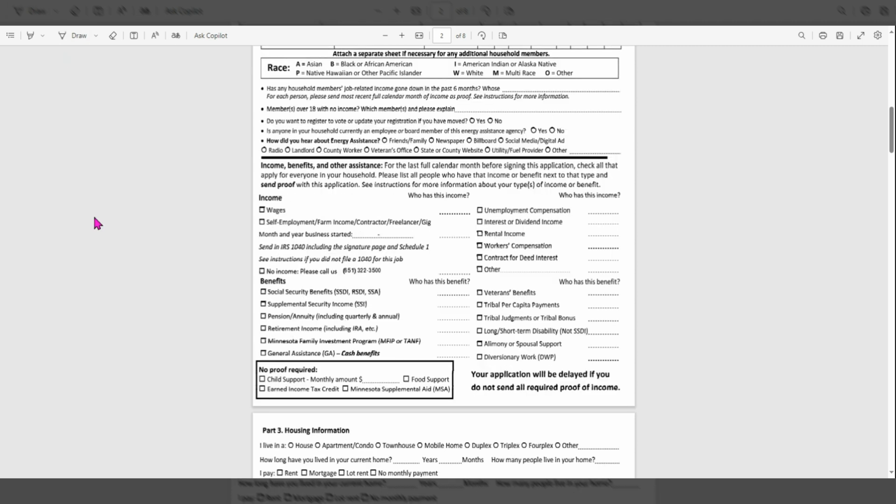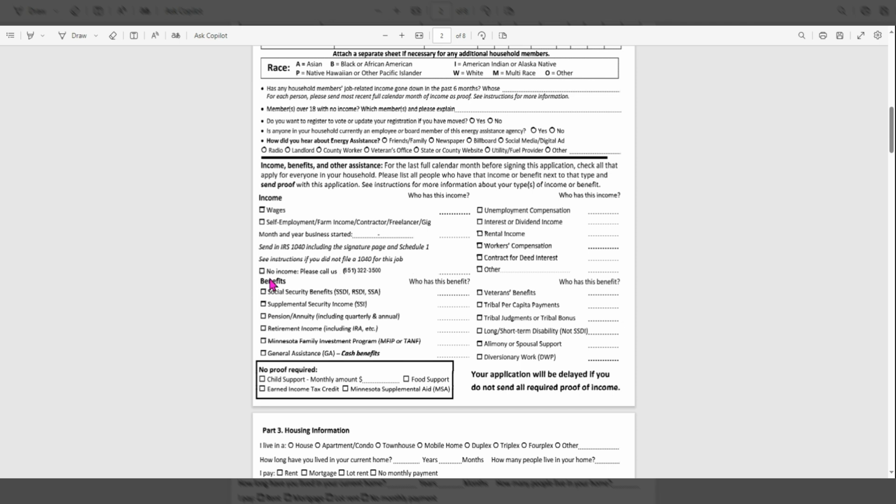If we go down the second page, here is a space to indicate who has income and what income they have. So let's say you have wages and another person in your household has Social Security benefits. Then we should see two check marks, one for wages and one for Social Security benefits.